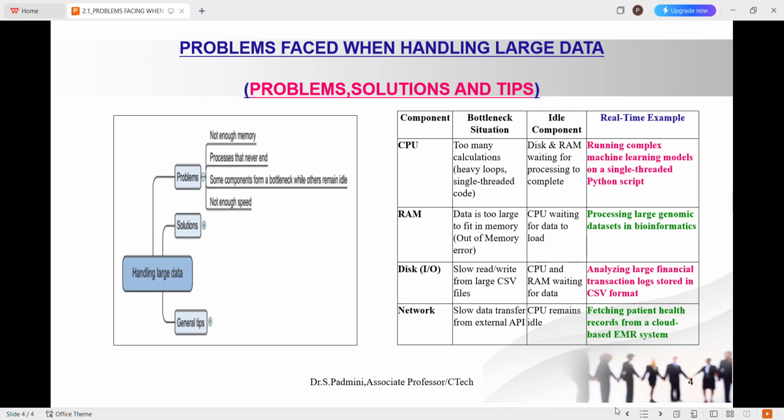So initially we will see what problems are faced while handling large data. First the problems, then the solutions, then the tips. As I told earlier, the first one is not having enough memory. A computer has only a limited amount of RAM, right?